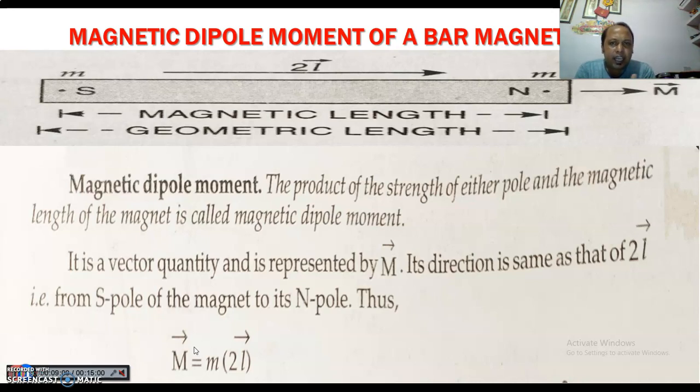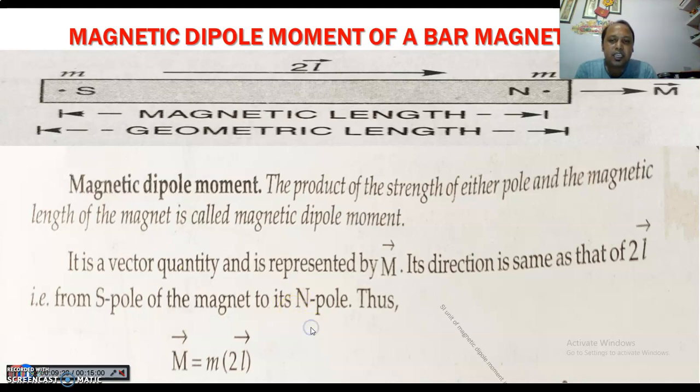Here an analogous situation is there where we write the magnetic dipole moment as M is equal to m into twice L, where capital M represents the magnetic dipole moment and small m represents the pole strength. Magnetic dipole moment is always a vector quantity and its direction is from the south pole to the north pole. That you need to understand.